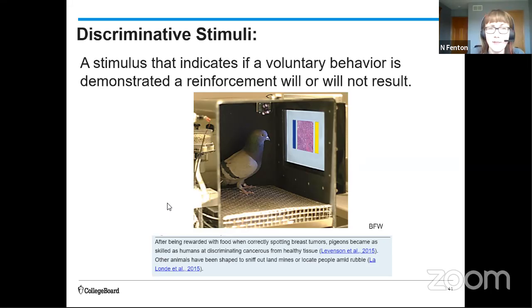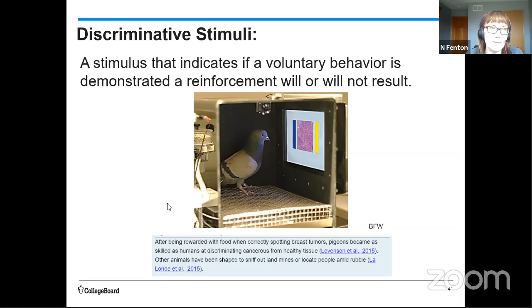Now, in real life, you also experience discriminative stimuli. So if you've ever seen your parent or a teacher make the gesture, that is a discriminative stimulus that's telling you that talking behavior will not be reinforced. You have also maybe learned, right?